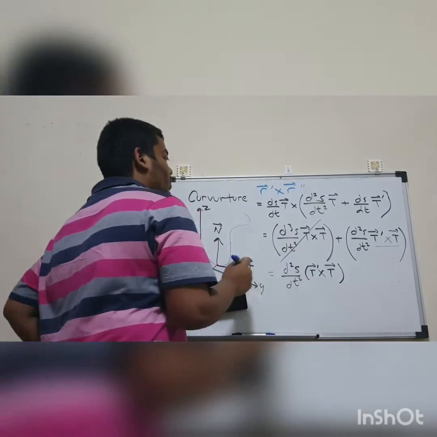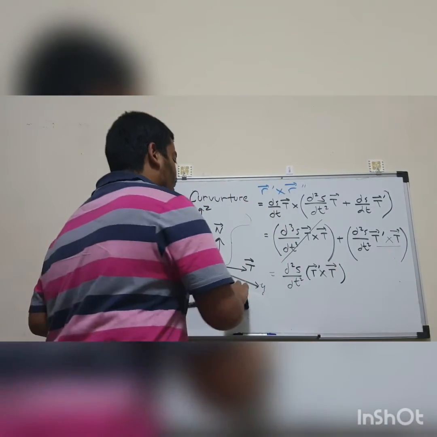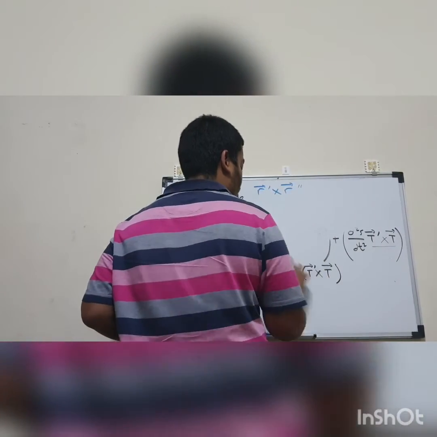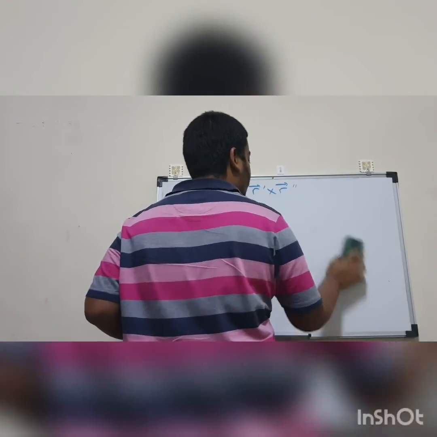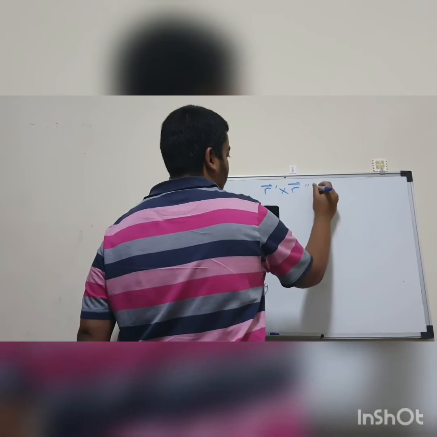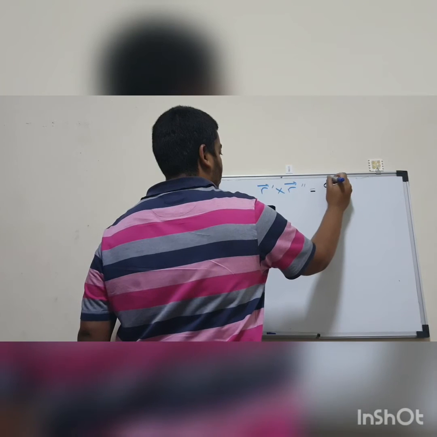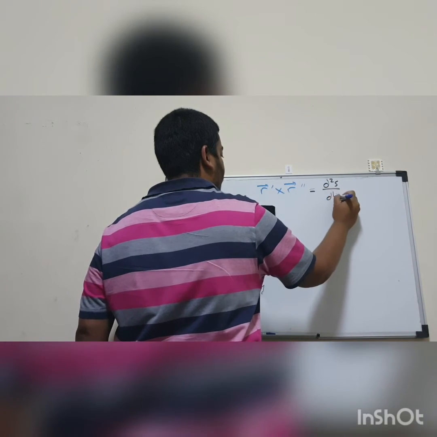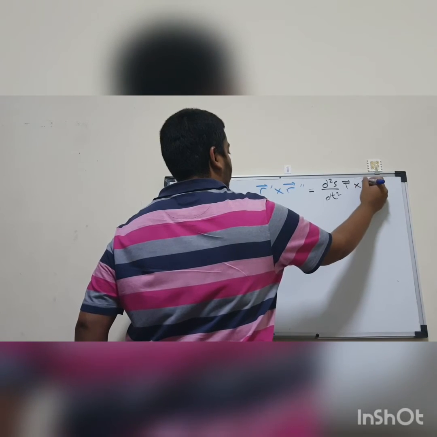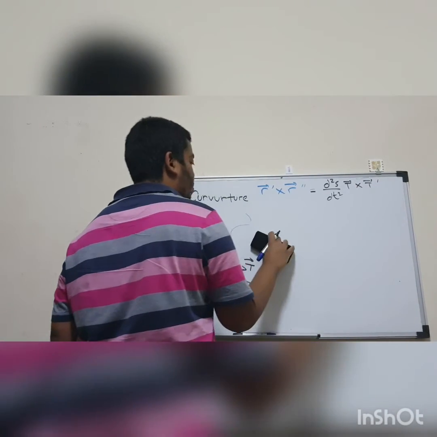Okay, this is the cross product. Perfect. Now let me just remove everything. And I can write down here is equal to d square s over dt square t into cross product of its own prime. Okay, perfect.